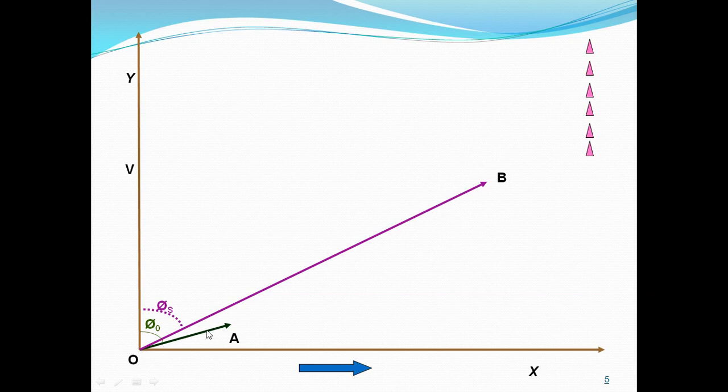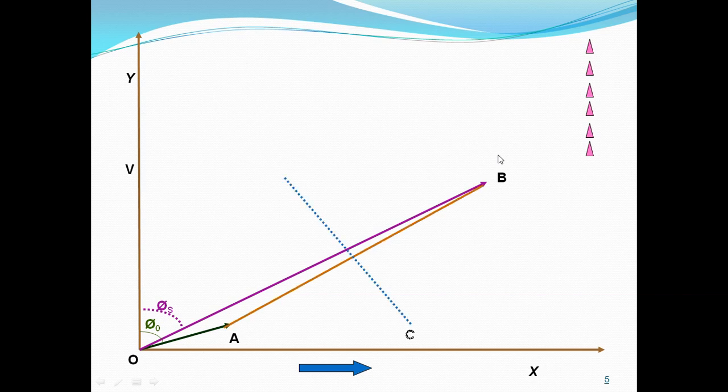So these two, I naught and phi naught, we can find from the no load test, and ISN, that is OB, and phi s we can get from the short circuit test. From these two, we will draw OA at an angle of phi naught and OB at an angle of phi s.